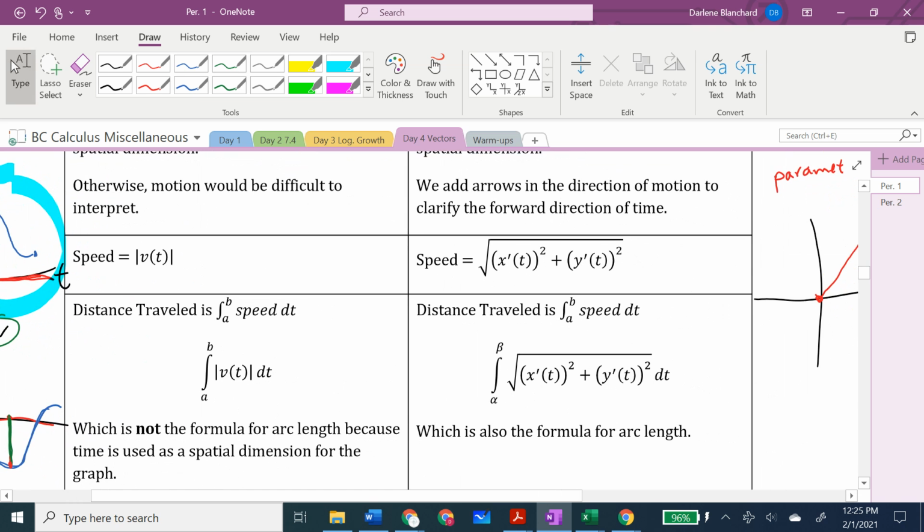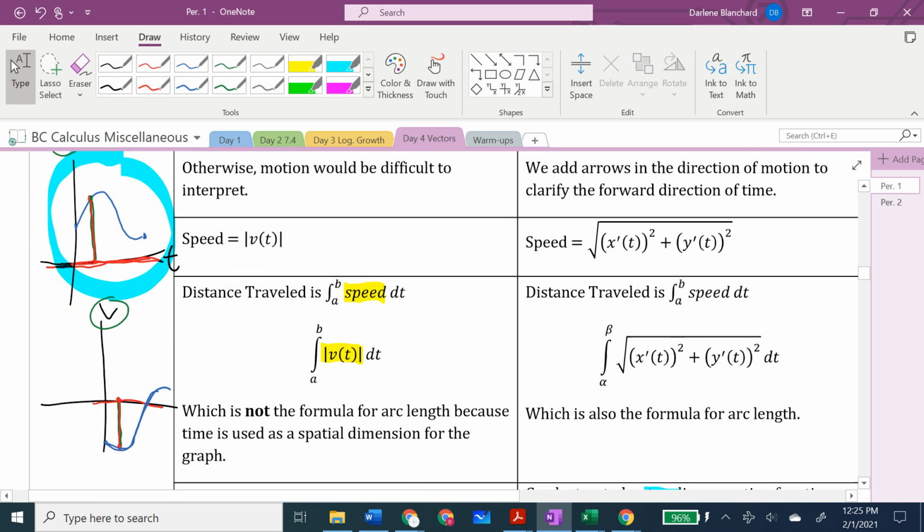And I also want to point out to you that when we did distance traveled, we had to integrate speed to find out the actual distance traveled. Now, before, that just meant absolute value of the velocity function and integrate, because all we were doing was taking anything that had a negative velocity, reflecting it up, and integrate that.